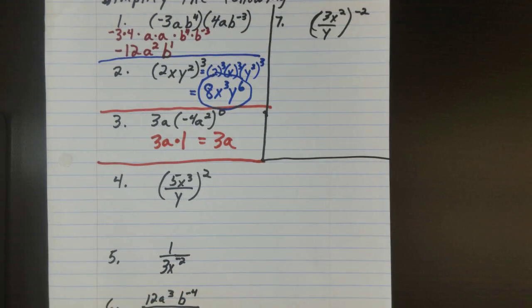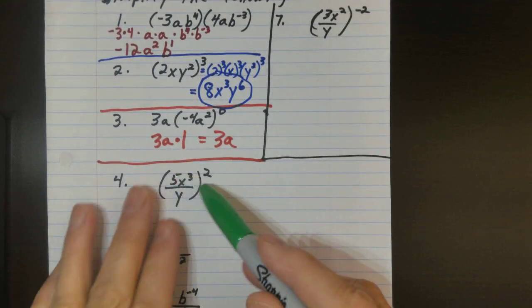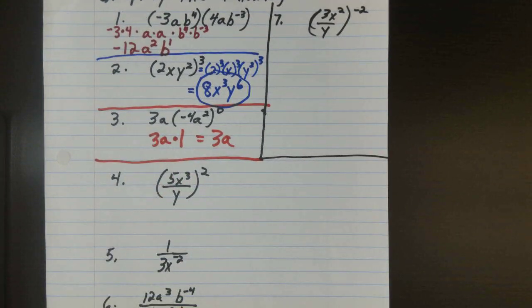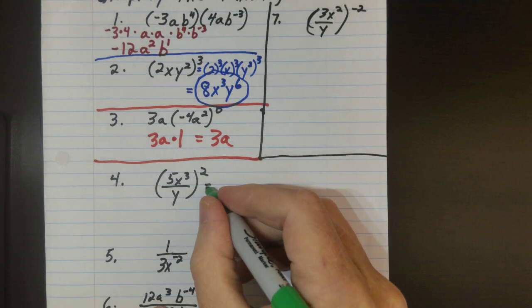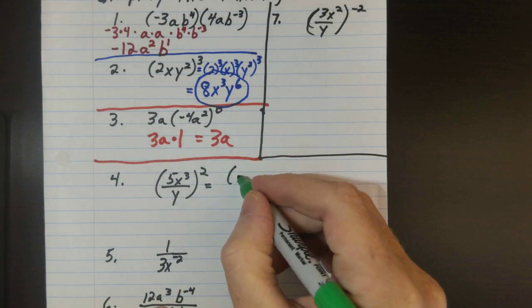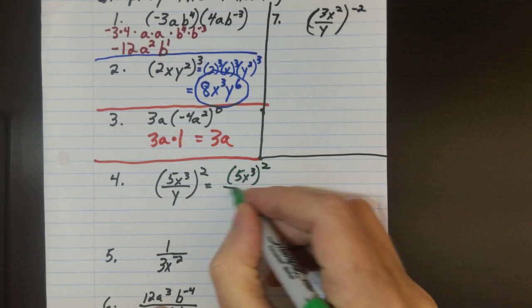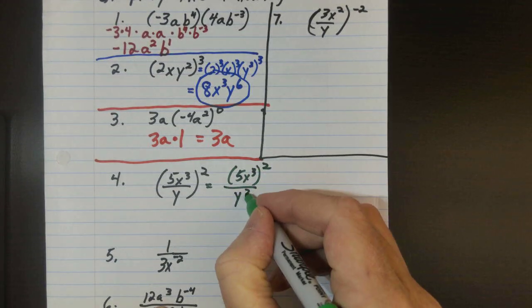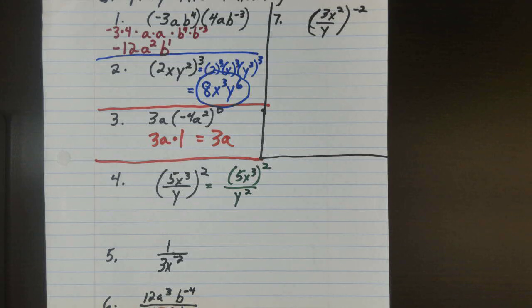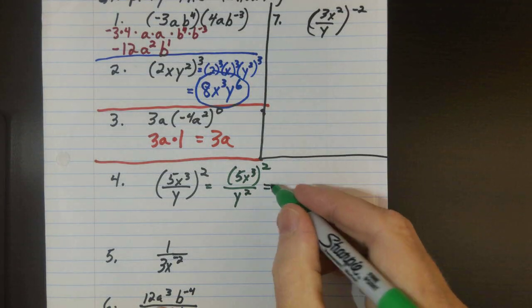Fourth example. Now it looks like the quotient and the product power properties here. So I'm going to, first of all, just put 5x cubed, raise that to the second, and then raise y to the second. The numerator to the second power, and then I'm going to do a little more to the numerator.